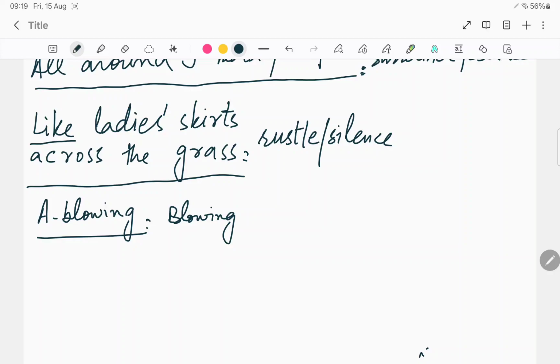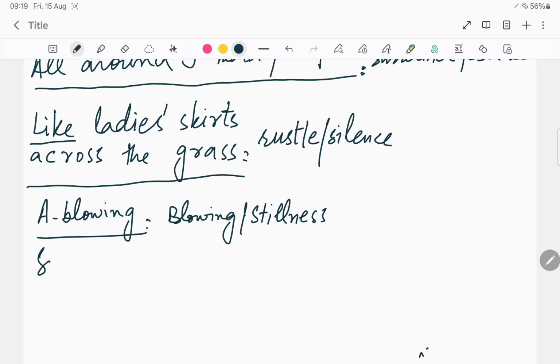The poet has used the word upblowing. So upblowing means the blowing of wind, and the antonym can be stillness or still, and obviously we can use it in a sentence very easily. The wind was blowing all afternoon or all day, whatever you want to say.